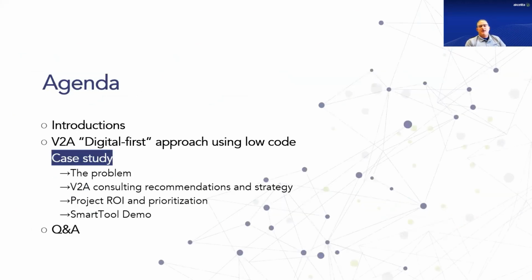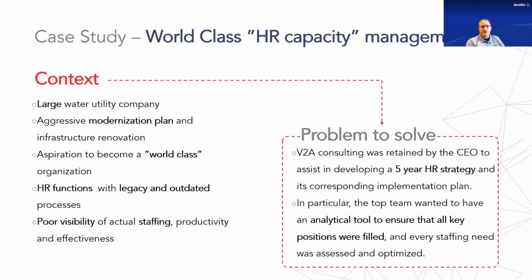So in terms of the case study, we wanted to bring a really beautiful project that we did that combined a lot of the things that V2A does and a lot of the things that we could do from Akcelita standpoint of view. So the case study itself, it's what we call the HR capacity, and maybe the HR professionals will not like the capacity word too much.